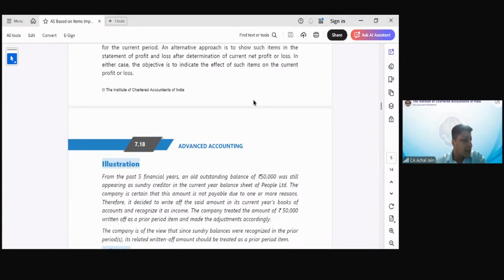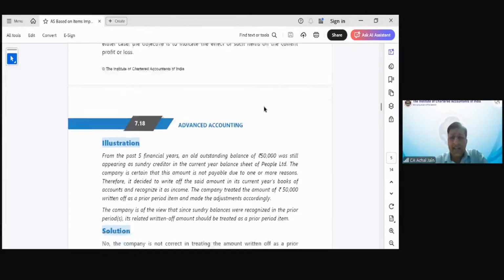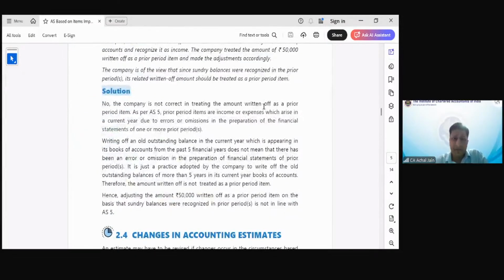Now in this case, when the company has adjusted one amount, what is the adjustment? A balance was appearing, so the company decided to write it back. It's not payable anymore. Correct. So it's not an error, and to say it's an error will be incorrect. Why? Because there's no mistake which has taken place in the previous years. Yes or no? So there's no mistake as such.